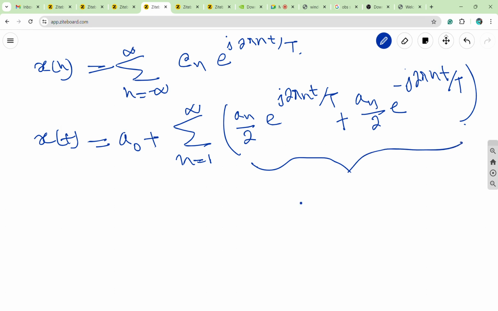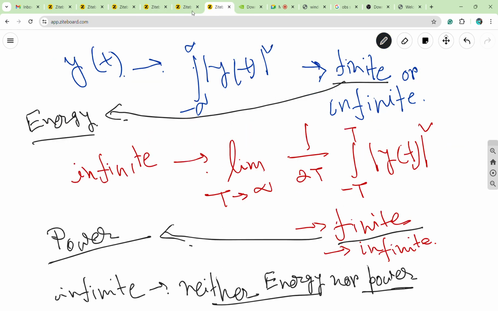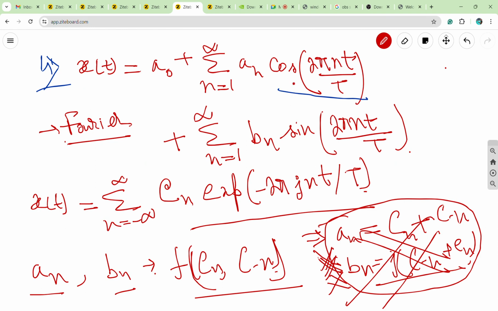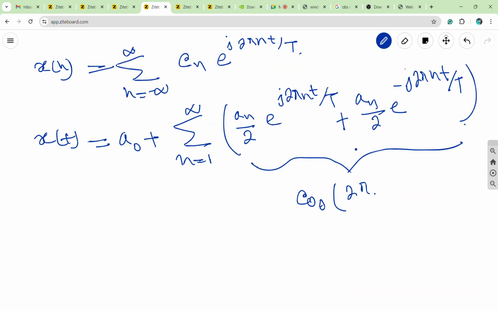This is the term that represents cos 2 pi nt by T, that was there, right? I'm not writing the whole term again. Similarly, we can write it for the sine term also.